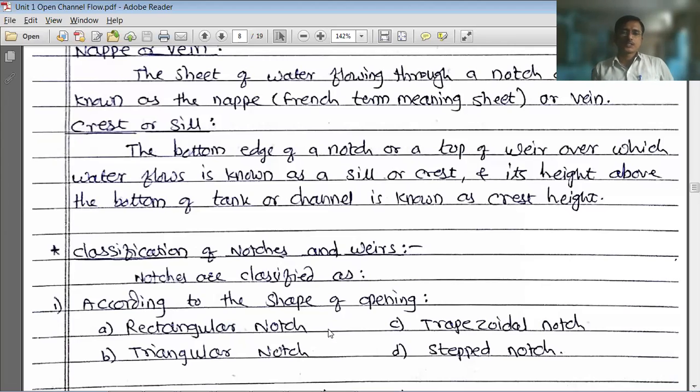Classification of notches and weir, write it down there. According to the shape of opening: rectangular, triangular, trapezoidal, stepped.